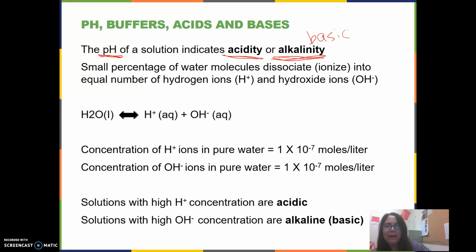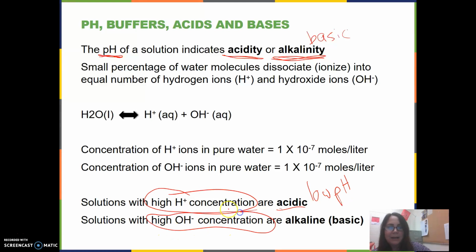Solutions with a high hydrogen ion concentration are acids, and they're going to have a low pH. And solutions with high hydroxide concentrations, that means they have low hydrogen ion concentration, are alkaline or basic, and that means they're going to have a high pH.